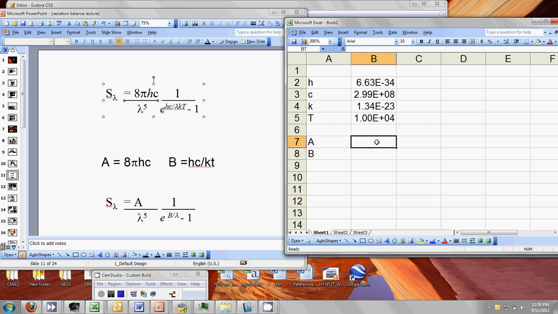So to do a formula, we will do equals 8 times pi. We can enter 3.14 if we wish, or to do more precisely, you can enter the pi function. If you put brackets, it knows it's pi the number and not pi the two letters as part of an alphanumeric string.